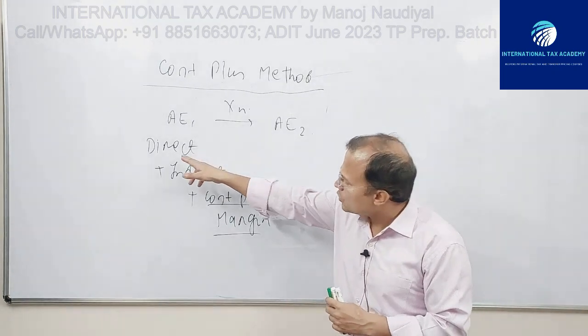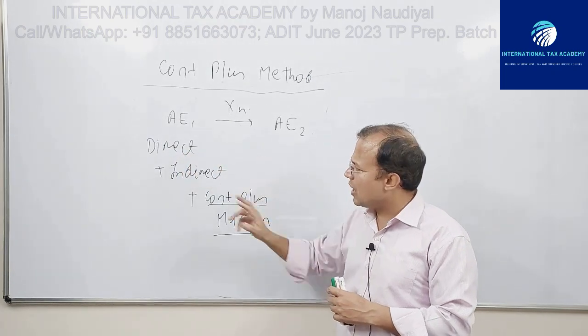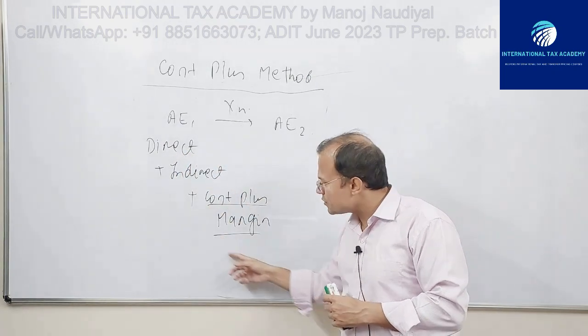Okay. So in this case you have direct cost, you have indirect cost, and you have this cost plus margin.